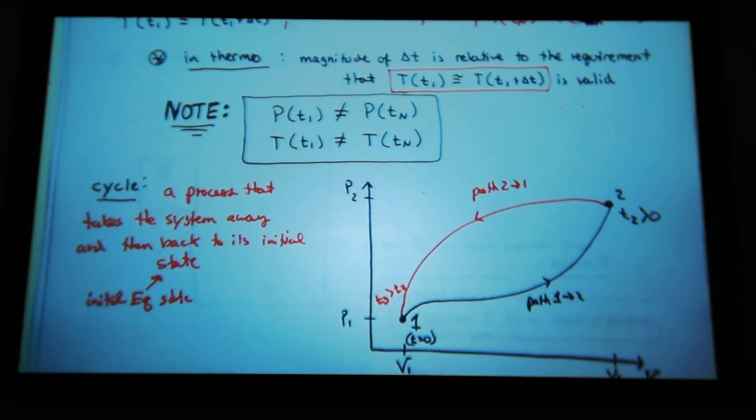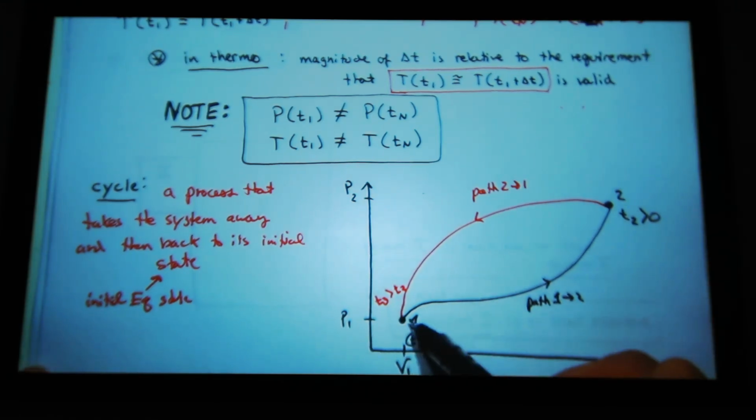So I always ask this question: for a cycle, what can the internal energy change be? What is delta U of a cycle? 0. Now I asked that question on finals, and I don't know how many times people answer it wrong.